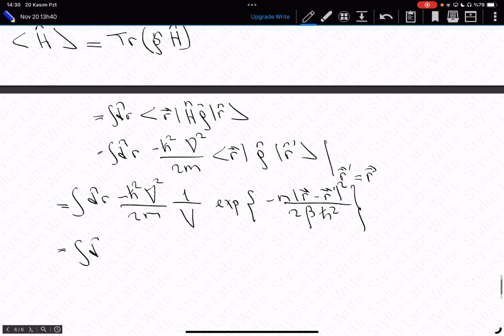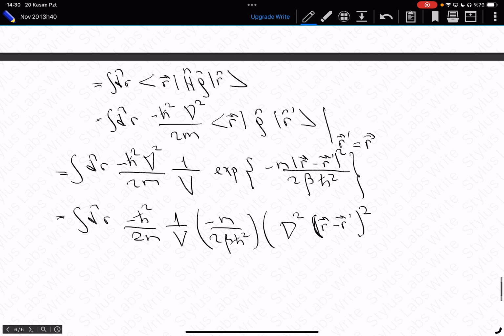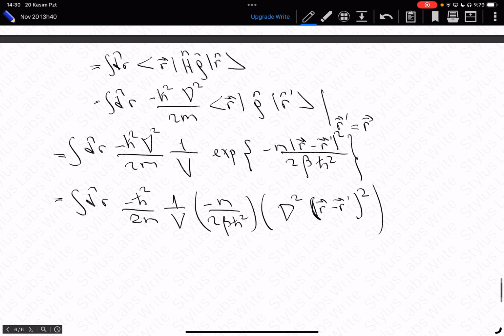Which is equal to d cubed r minus h bar squared over 2m times 1 over v, minus m over twice beta h bar squared times the Laplacian of r minus r prime squared. I don't write the exponential again, because when I set r equal to r prime, it becomes 1. Now, what is this Laplacian?